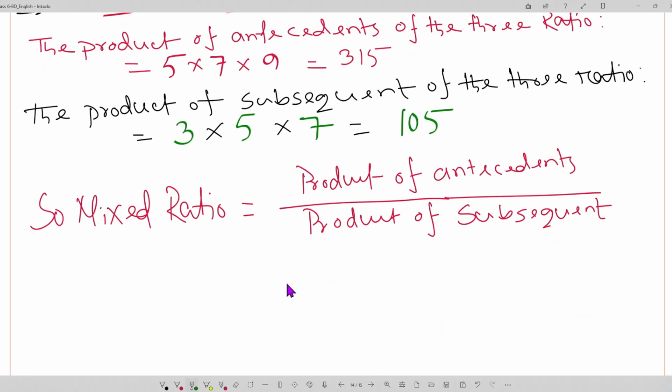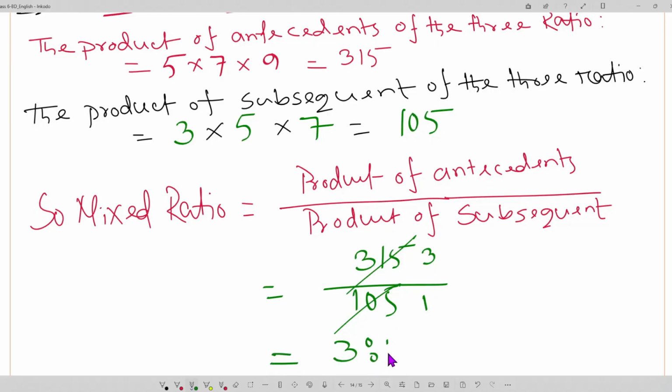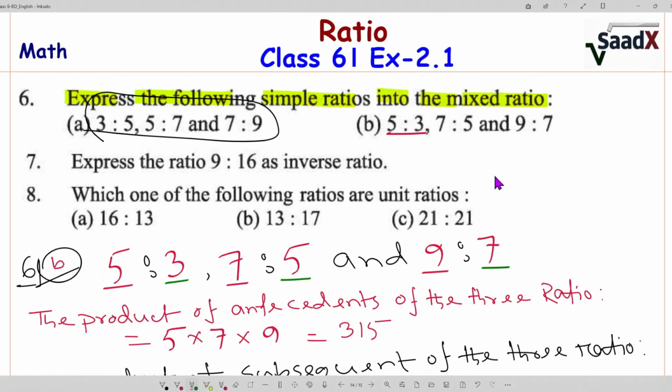So the product of antecedents is 315 and the product of subsequents is 105. Similarly, we can divide this fraction by 105. So here is 3 and here is 1. So our ratio is 3:1, which is the mixed ratio of these 3 ratios.